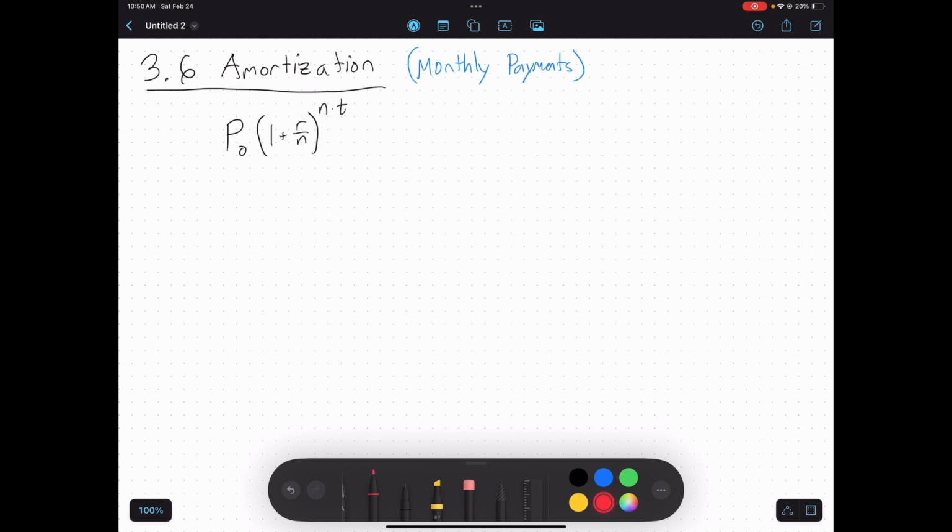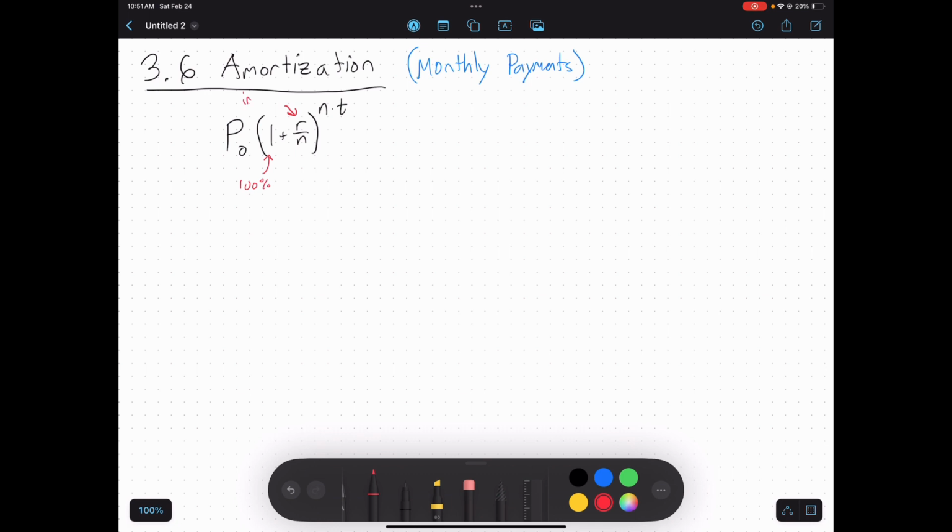Well, first of all, the 1 represents 100%. When you're charged interest, you still owe 100% of the original loan that you took out. You still owe 100%, but you also owe an additional amount based off of the interest. So that's where that 1 comes from.